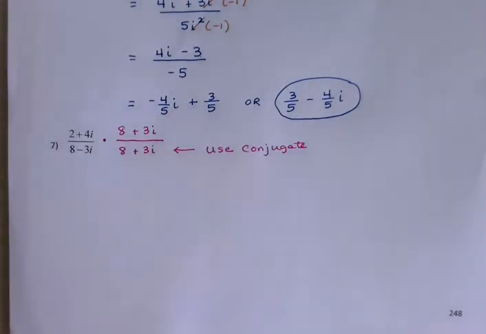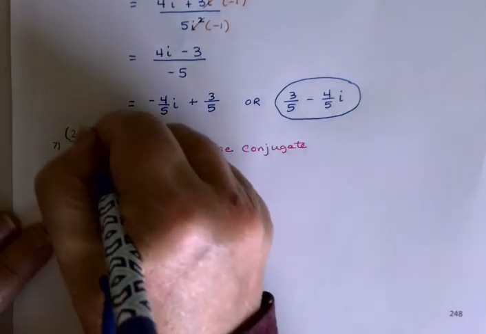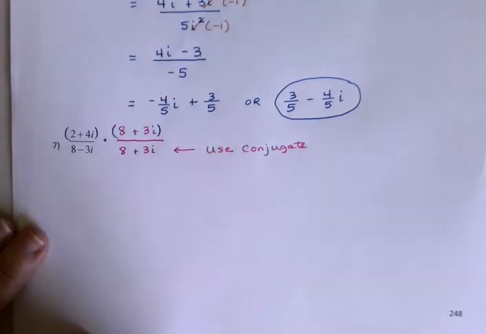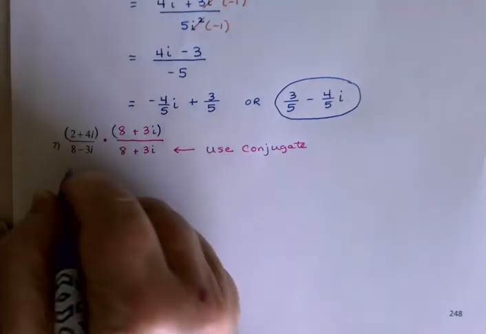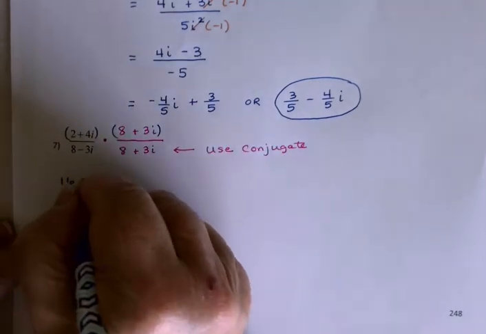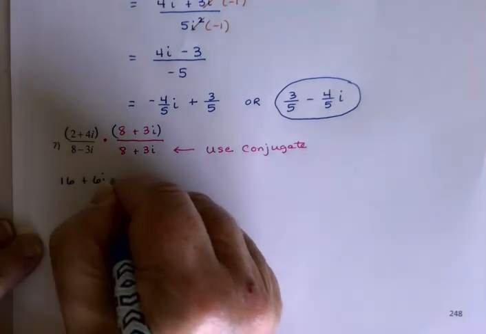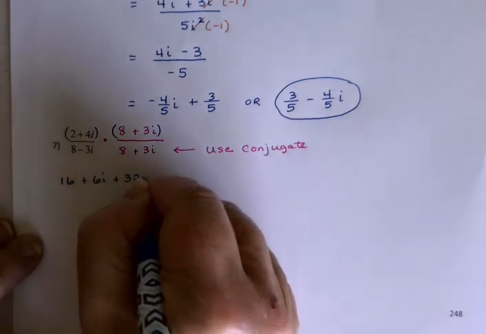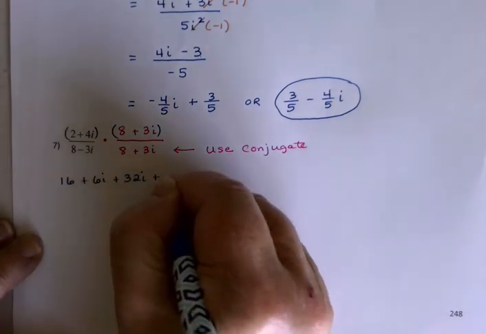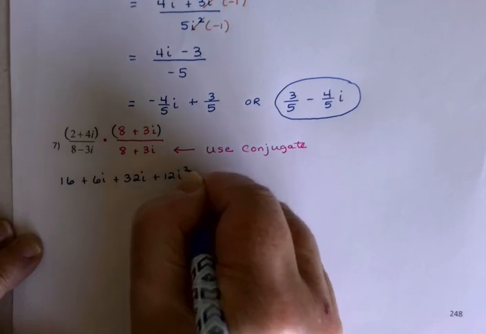Okay, so it looks like I've got some FOIL problems to do here. On the top, I'm going to multiply and get 16 plus 6i plus 32i plus 12i squared.